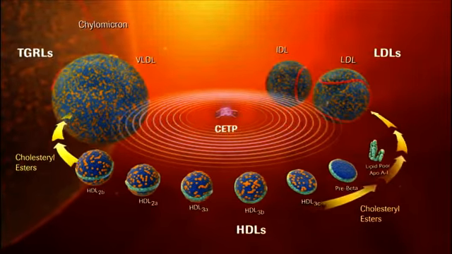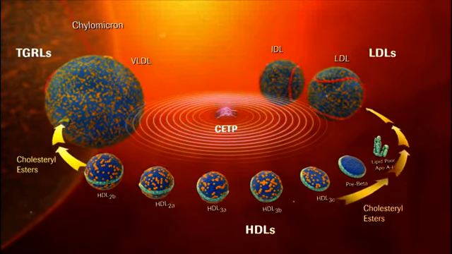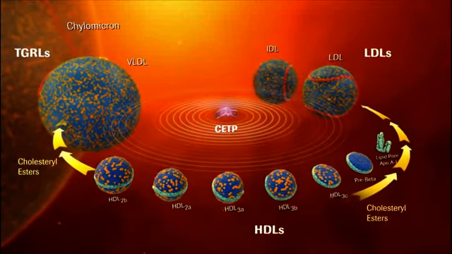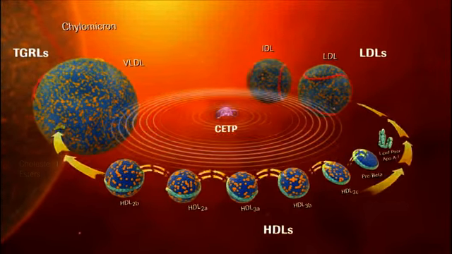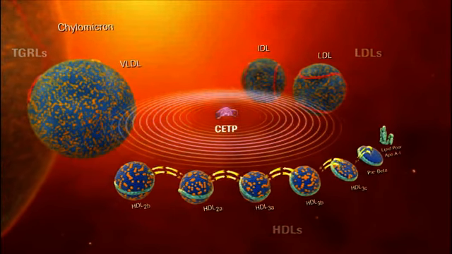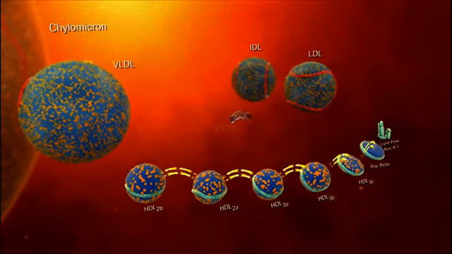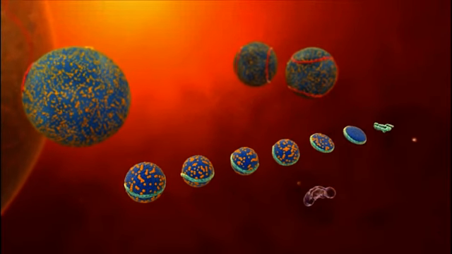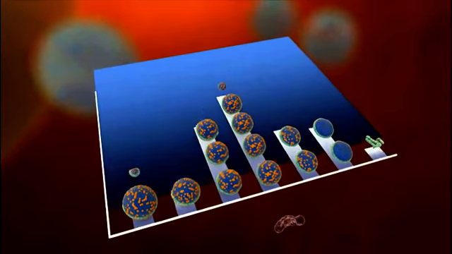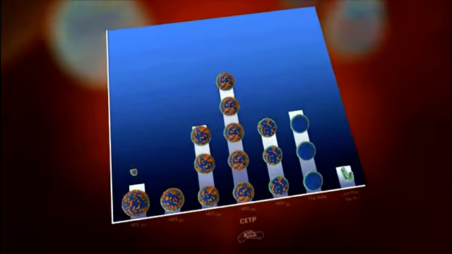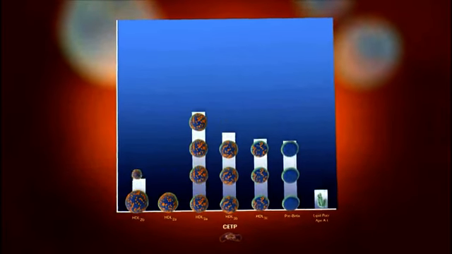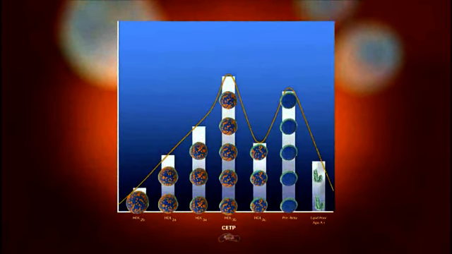Recent studies have shown that besides affecting the net transfer of cholesterol esters from HDL to pro-atherogenic lipoproteins, CETP facilitates the transfer of cholesterol esters between HDL particles. This may be instrumental in generating a polydisperse HDL population, necessary for the functions of this lipoprotein class.